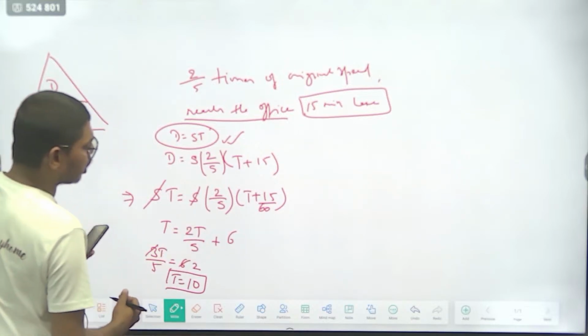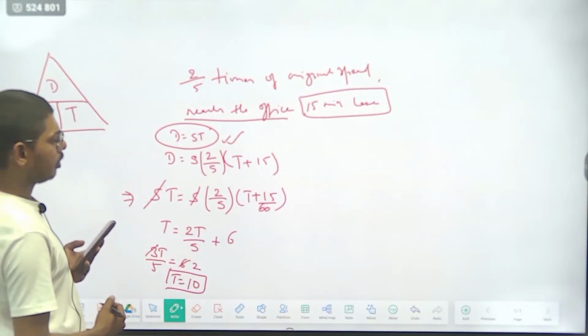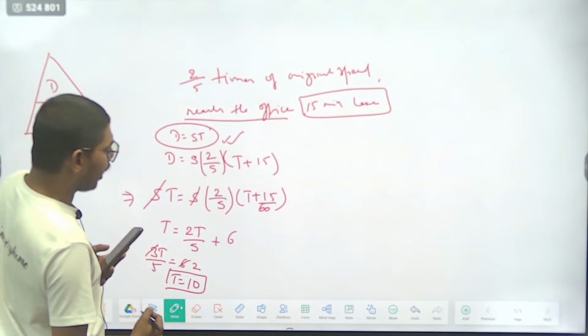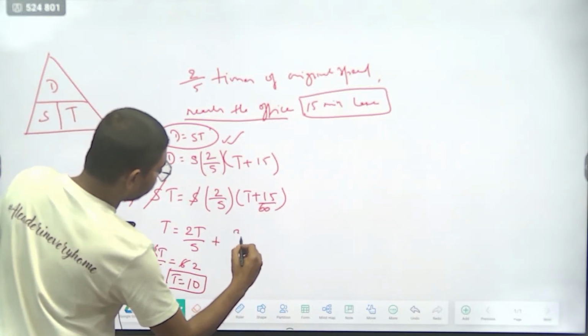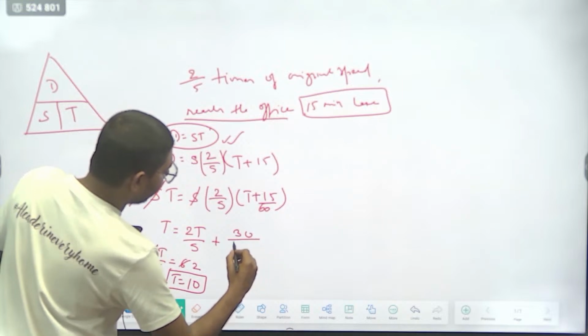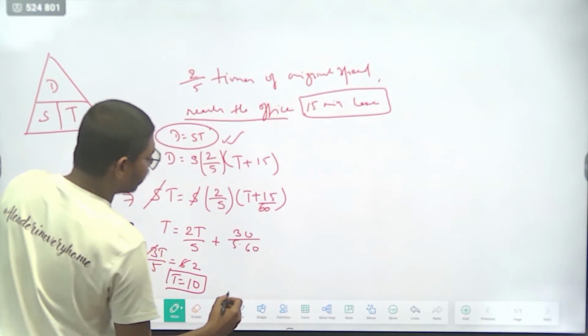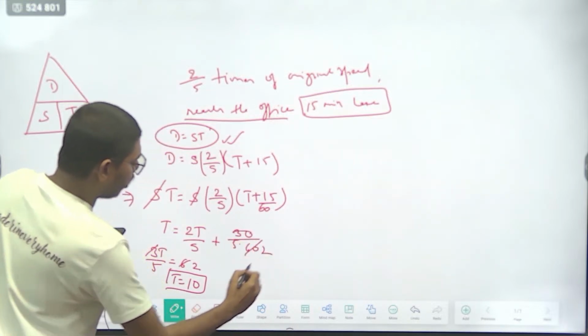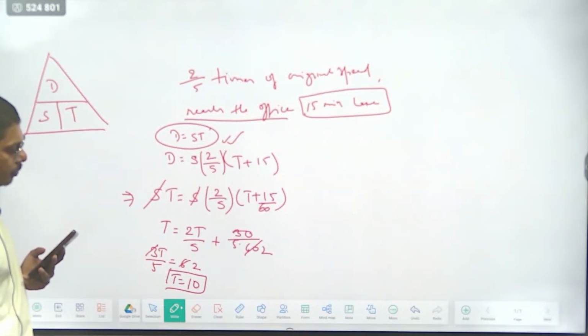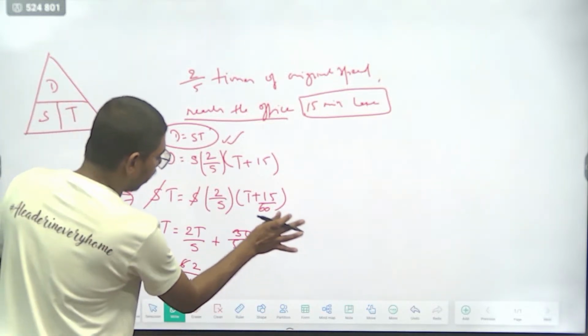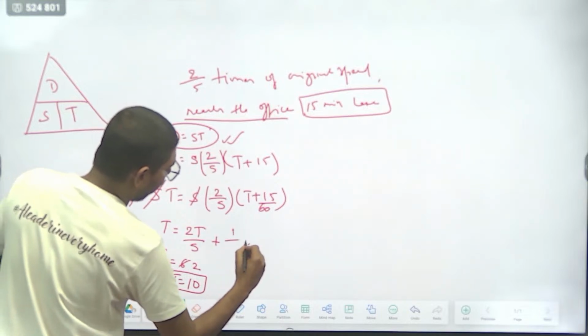Which means essentially, this will become how much? This will become 30 by 5 into 60. So it will go to 1 by 2, right? Yeah, 1 by 10. So let's write it down, 1 by 10.